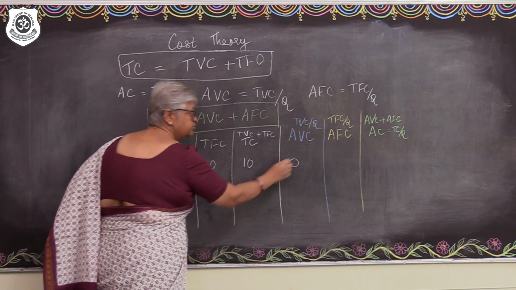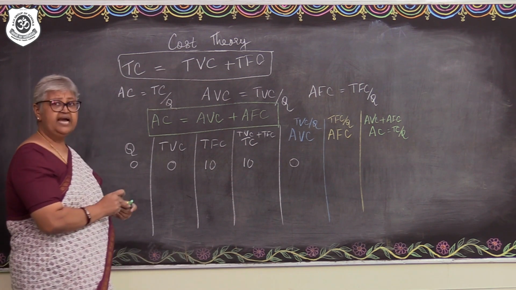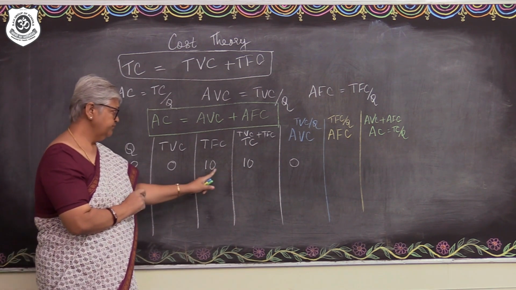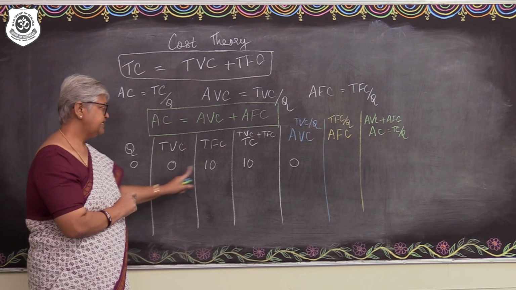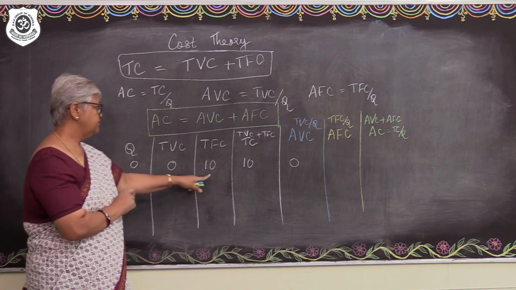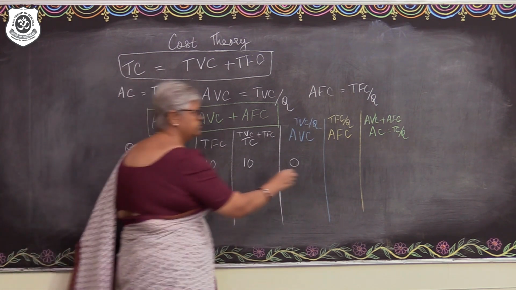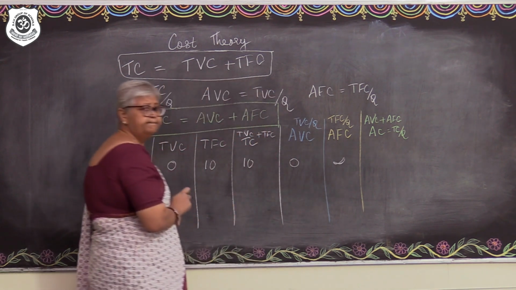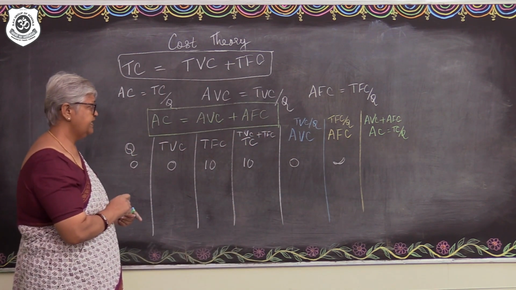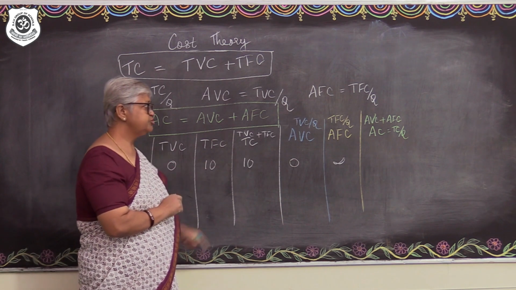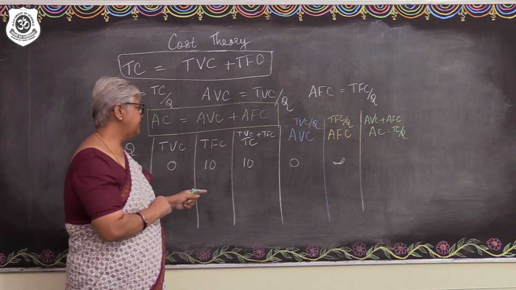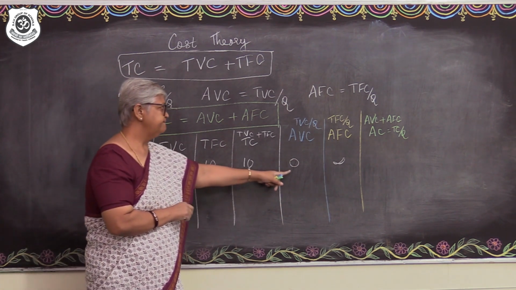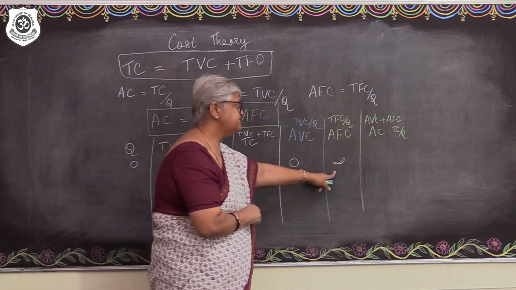So that will be 0. What about the average fixed cost? That will be the total fixed cost divided by the level of output. So 10 by 0. So let's say that will be infinity. Right? Okay. So then the average cost will be the summation of the average variable cost plus this.